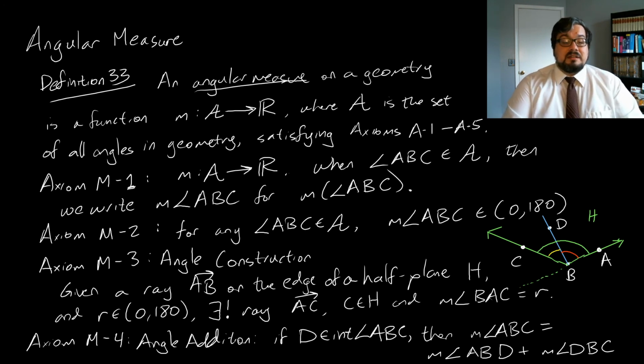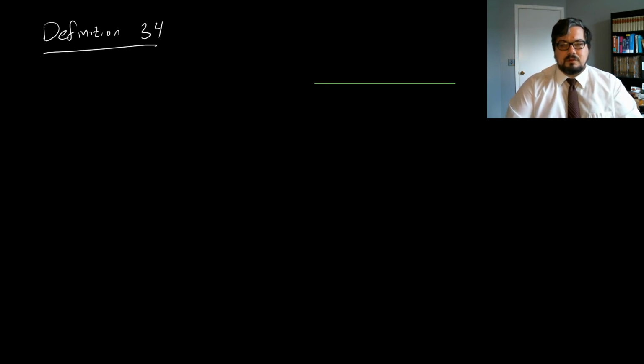Now, before we get to the last axiom, it's useful for us to introduce a new piece of notation, or definition. So definition 34 has to do with the following situation.